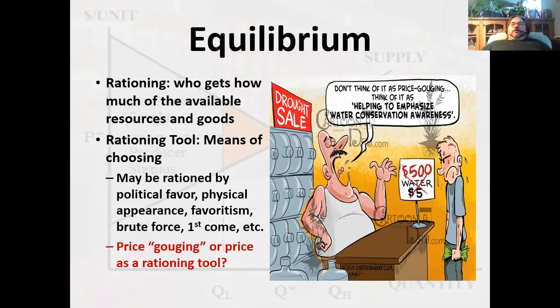I might be willing to buy 50 packages of toilet paper when it's selling for $10 a package. I might not be willing to buy 50 packages of toilet paper when it's selling for $100 a package. I still need the toilet paper, and I might be willing to buy 1 package of toilet paper at $100 and take my chances that toilet paper will be available a month from now when that package runs out.